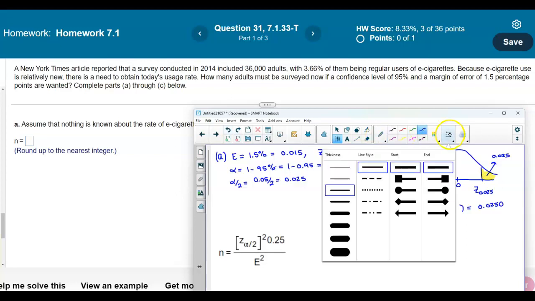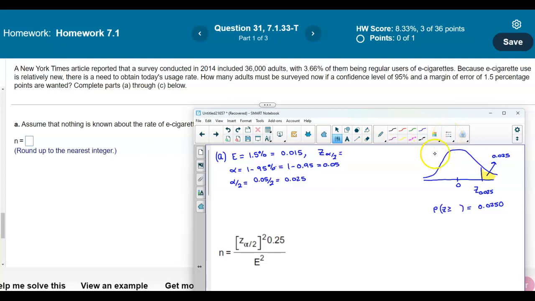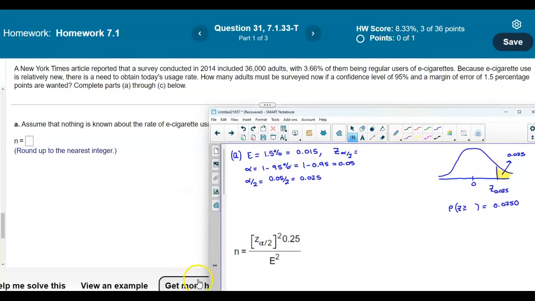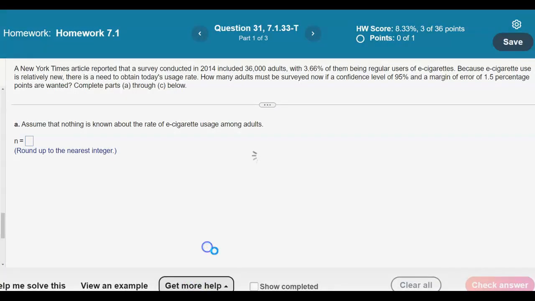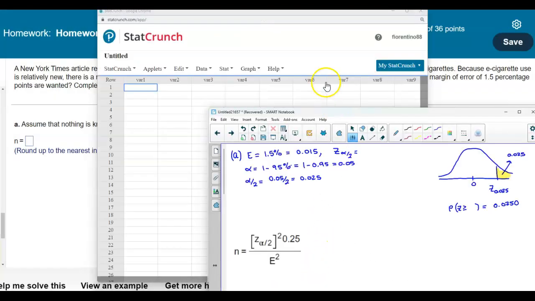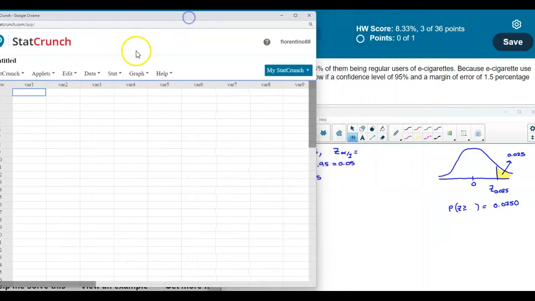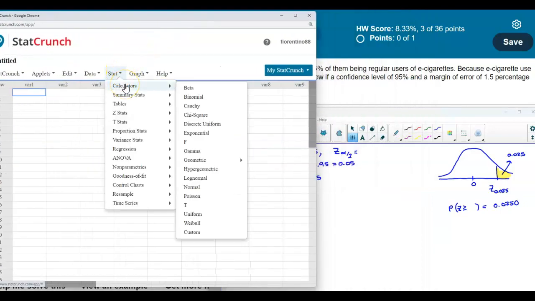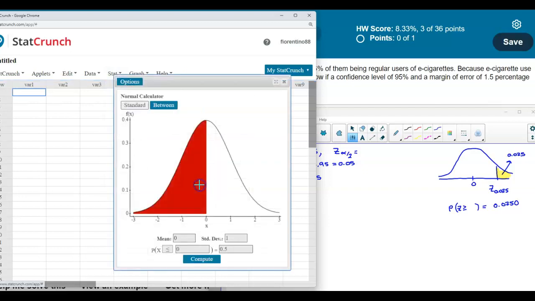Now we can use StatCrunch to determine that. We're going to go to StatCrunch, then go to Stat, Calculators, and scroll all the way down to where it says Normal.